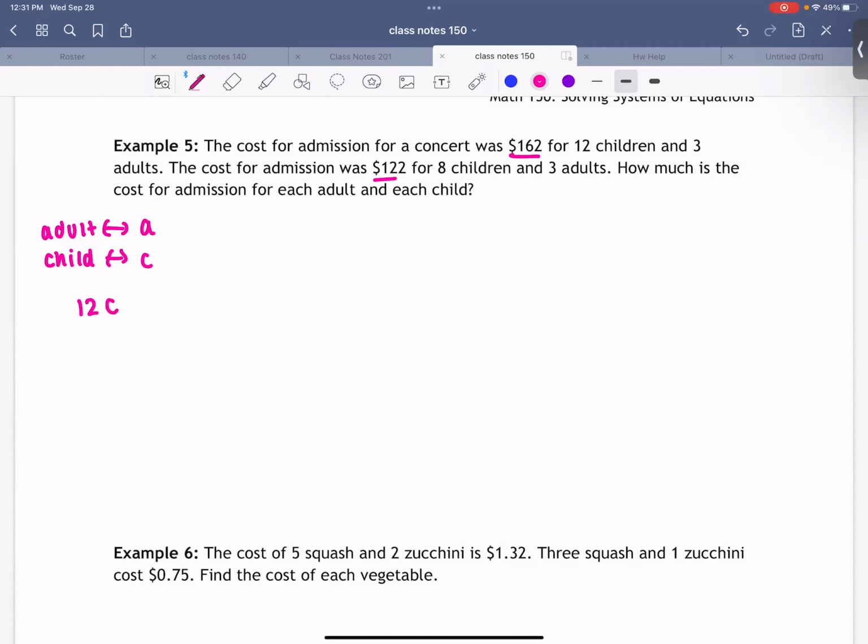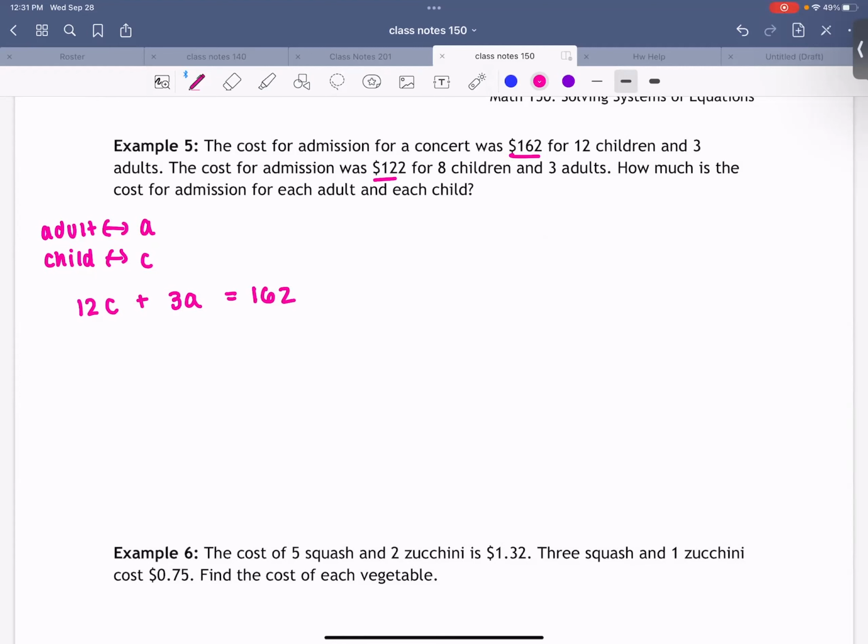So there's 12C. 3 is A, and equals 162, right? And I think you meant to put a plus in the middle too, right? Yeah, but that's exactly what the question's saying. We want 12 children and 3 adults is 162. Does that make sense? All right.